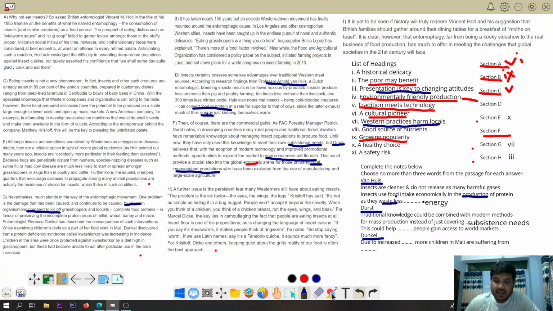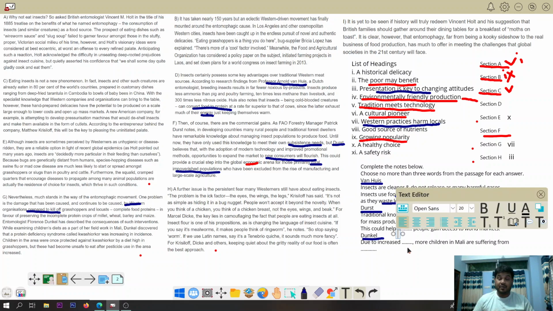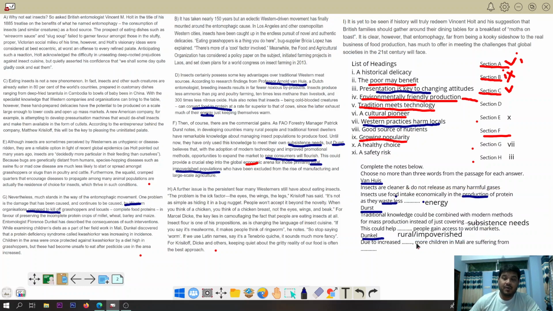So in this case, of course, we can write one or two different ways here. We can write rural people, or we can write impoverished. So we can write rural people or impoverished people can gain access to the global market.